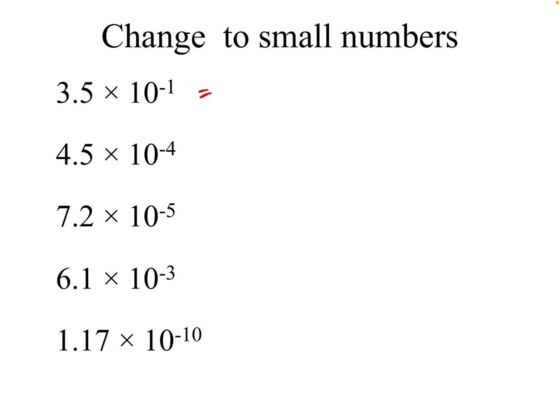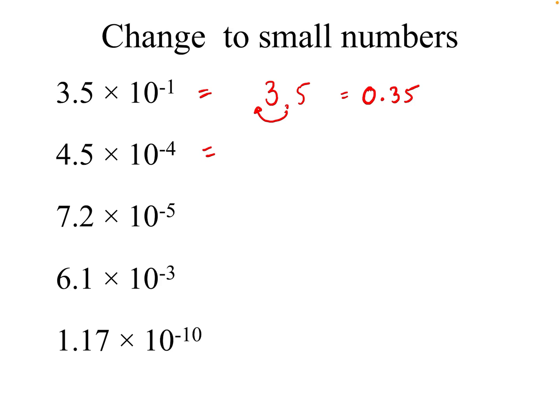So 3.5 times 10 to the minus 1. So first of all, we're going to write down 3.5. And we're going to move the decimal place one position. But are we going to move it left or are we going to move it right? Well, because it's a negative, it means the number has to be small. So we're going to move the decimal point in this direction, one place. So that's going to be equal to 0.35.